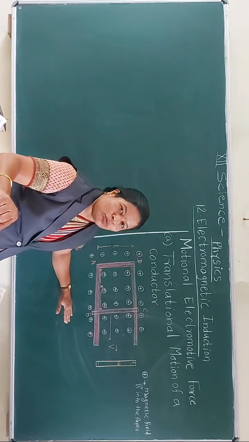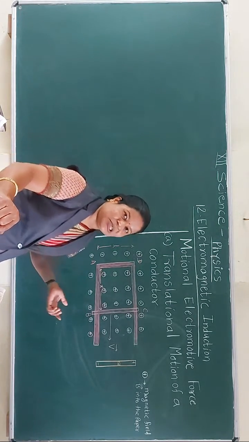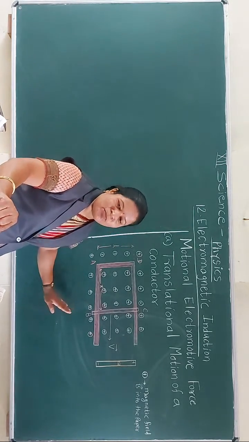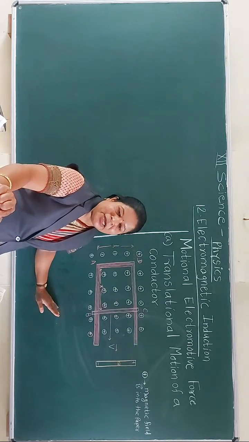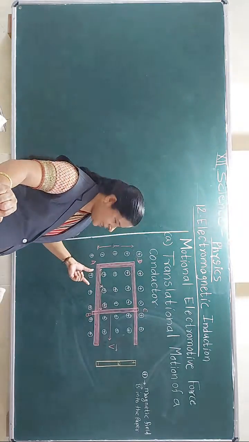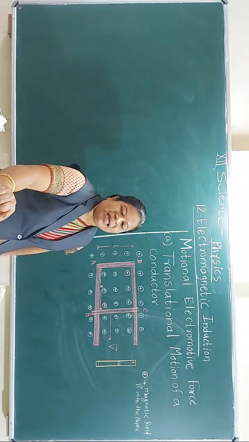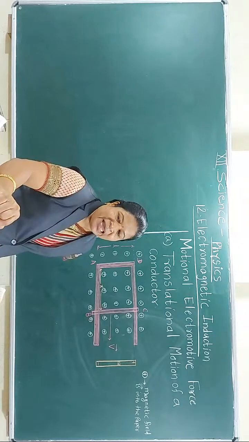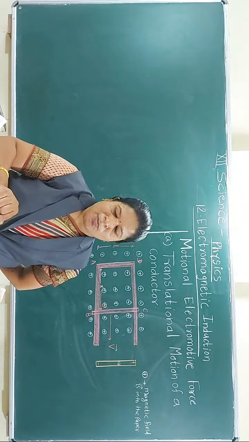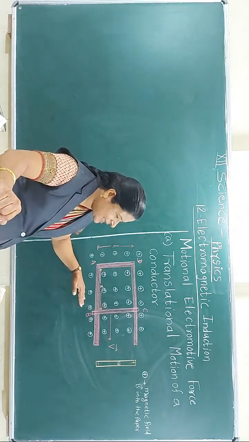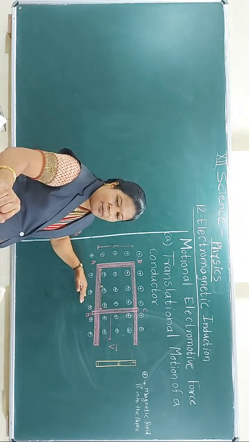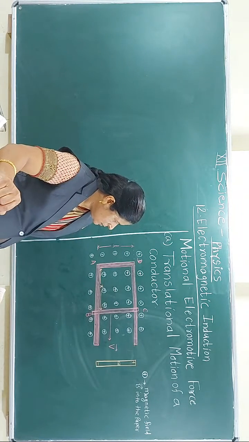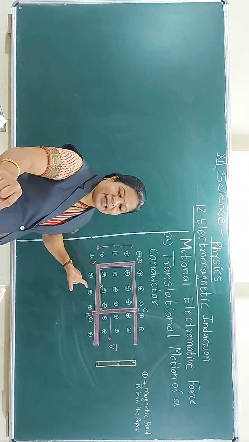According to the flux rule, which we studied in the last lecture, the induced EMF will be equal to the rate of change of magnetic flux through the conducting circuit.